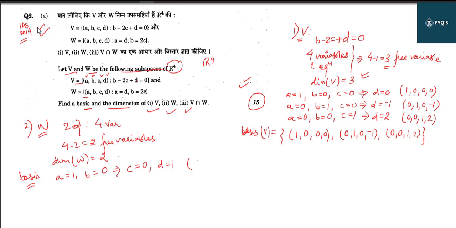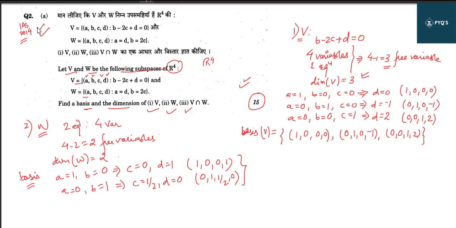So one vector will become 1, 0, 0, 1, and for another vector, A equals 0, B equals 1. We get C equals 1 by 2 and D equals 0. So the next vector will become 0, 1, 1 by 2, 0.